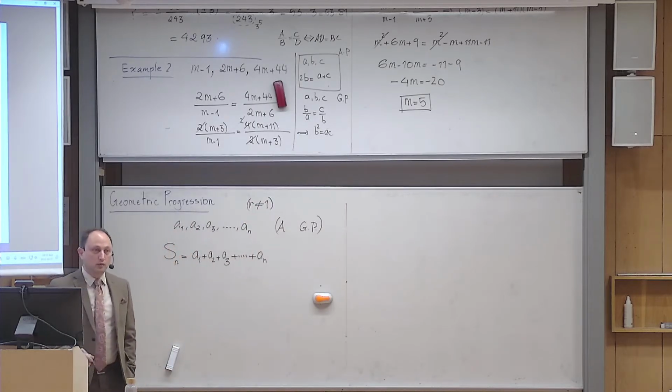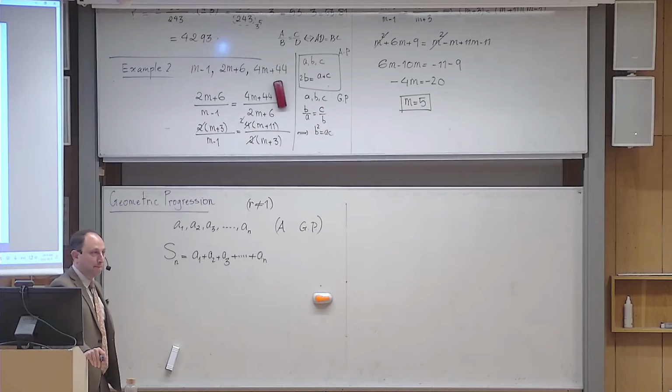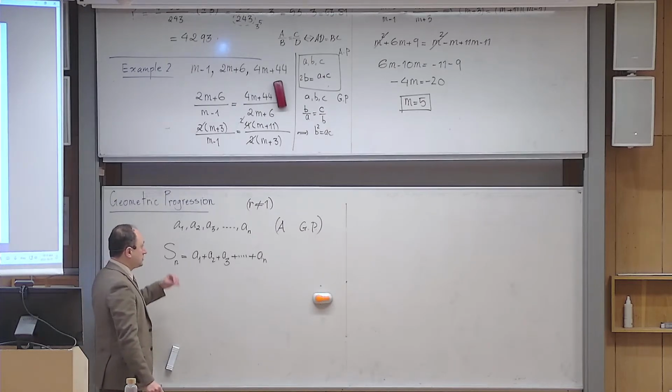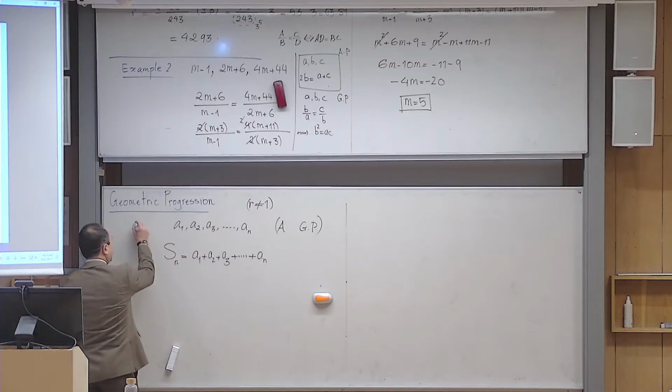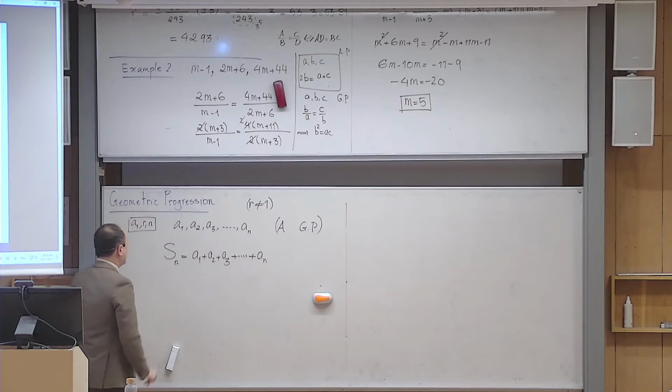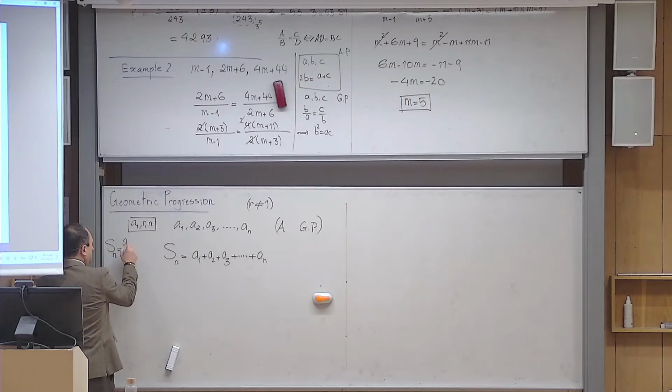Okay, any idea of what I'm going to do? I want to find the formula for Sn, which is written in terms of A1, r, and n. So this is the formula. Let me just write it in front of you. A1 times 1 minus r to power n, divided by 1 minus r.